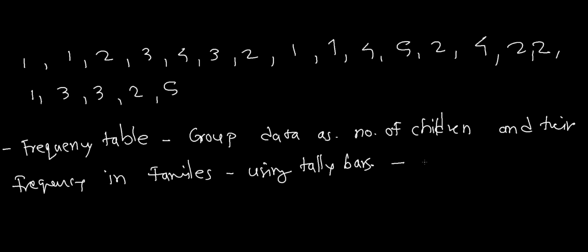Like if a family has 5 children, we can represent that with tally bars like 1 2 3 4 5. Or if a family has 2 children, we can represent that by 2 tally bars.